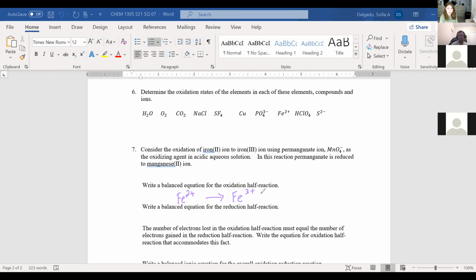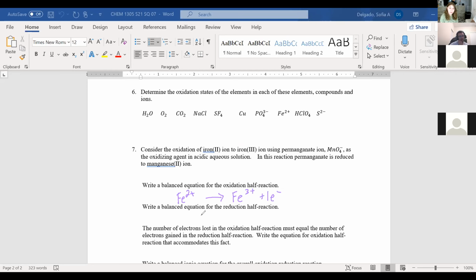So we would add 1 electron. And then for the reduction half equation, we would have, what do I have? Which one would you like me to do? Oh, we can do the half reactions. That's fine. It's what it's asking for anyway, right?